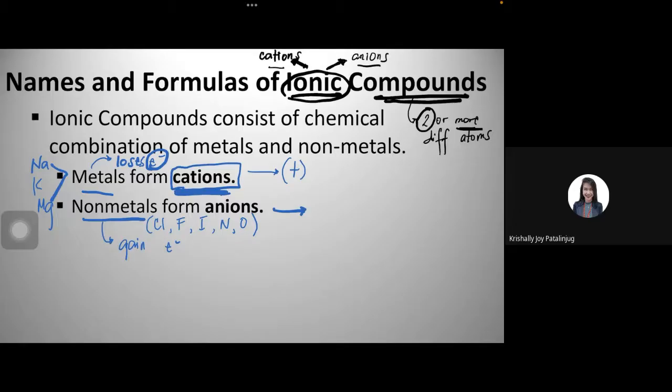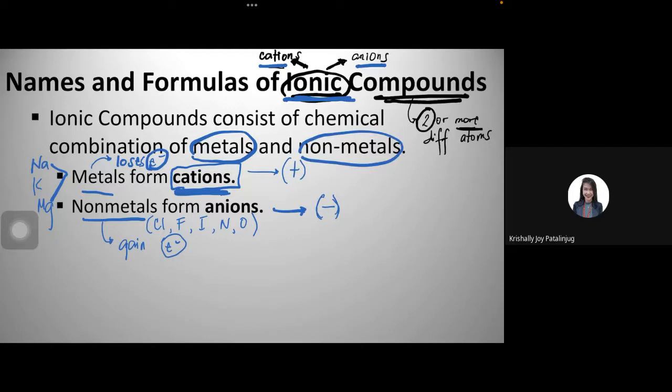When they gain negatively charged electrons, the atom becomes negative, so they tend to form anions. Anions are negatively charged atoms. So an ionic compound is just a combination of a cation and an anion, or simply a combination of a metal plus a non-metal.